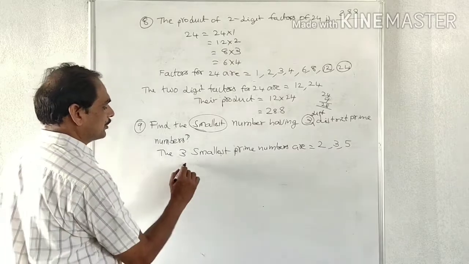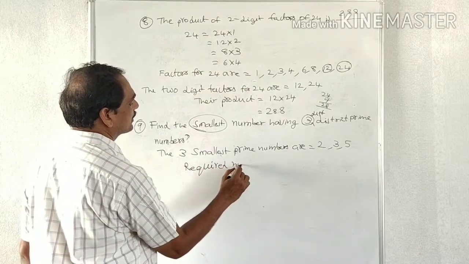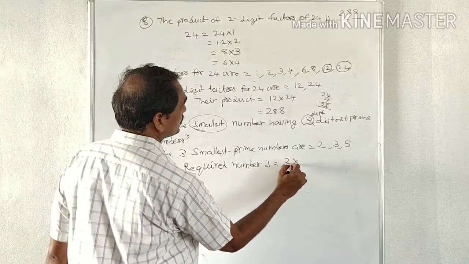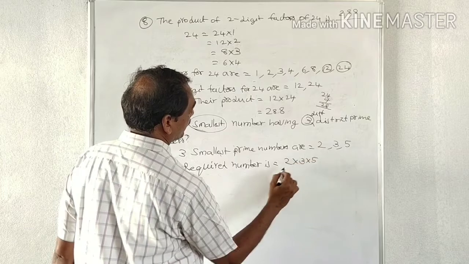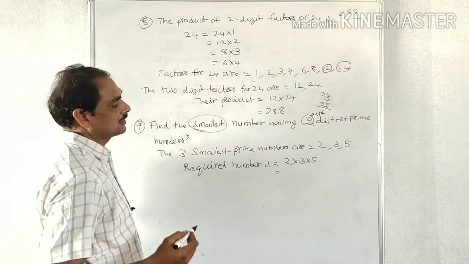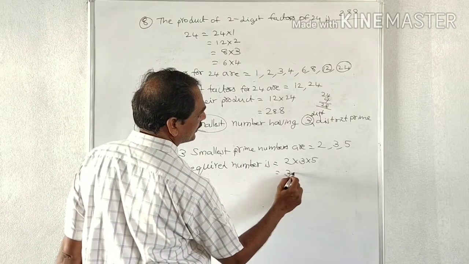So the required number is equal to 2 into 3 into 5. The product of the three smallest prime numbers gives the required number. 2 times 3 is 6, 6 times 5 is 30.